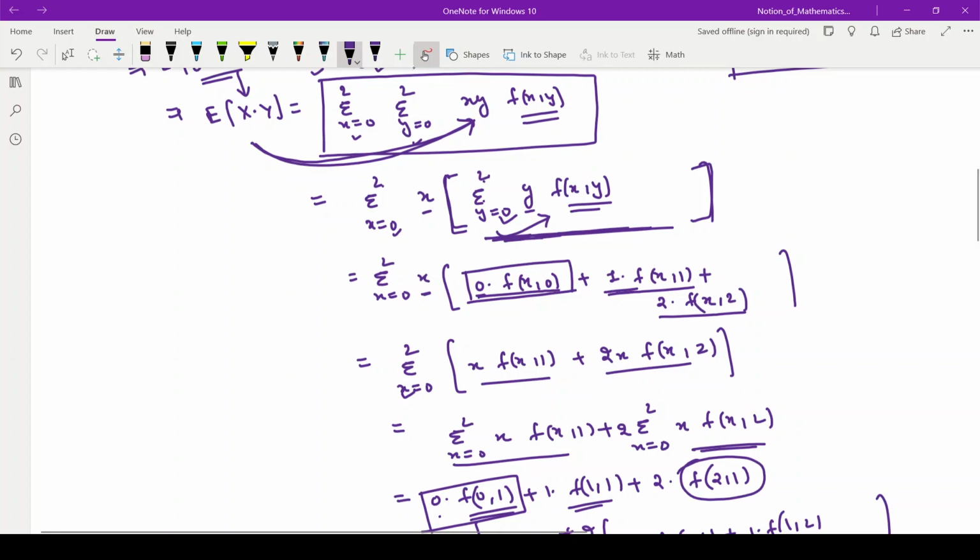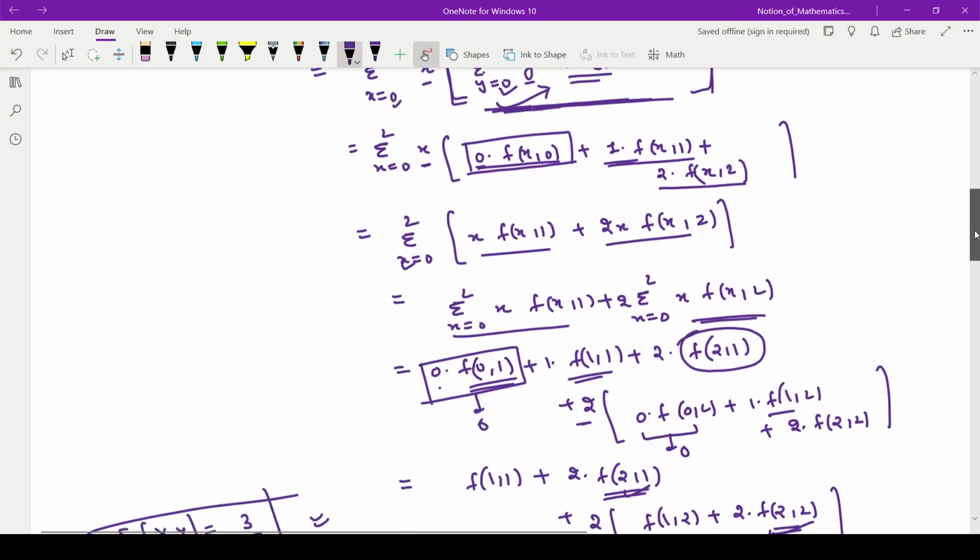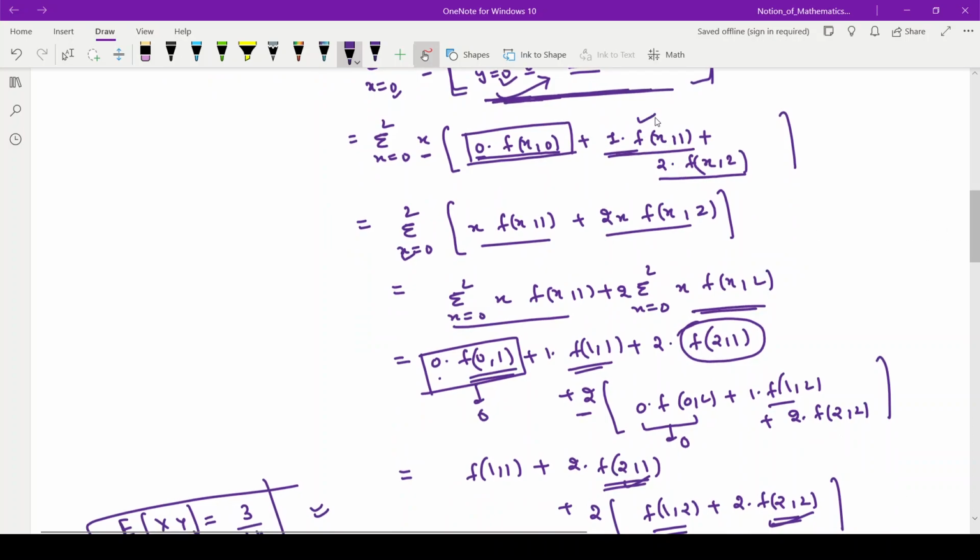It is 0 ultimately, so I can remove this term. So only this term and this term I have written along with x. So x is multiplied with this term and x multiplied with this term here. So only two terms along with the summation.